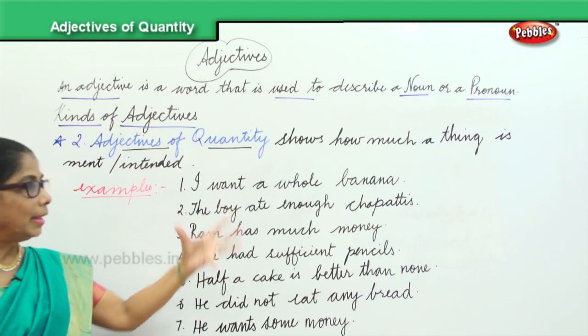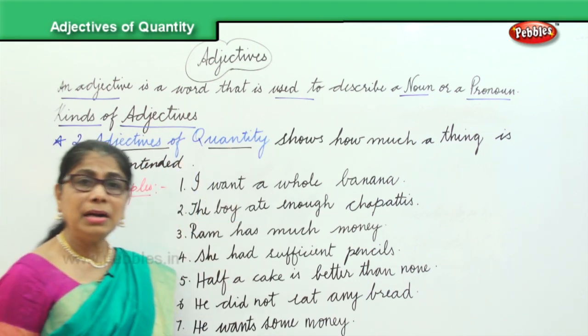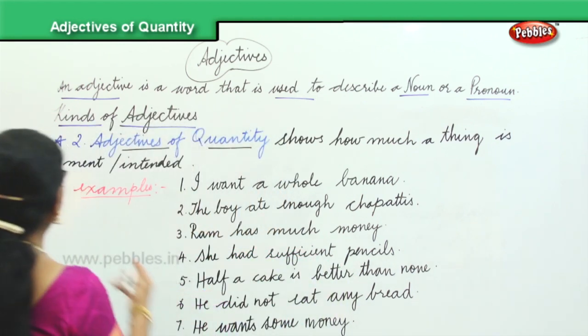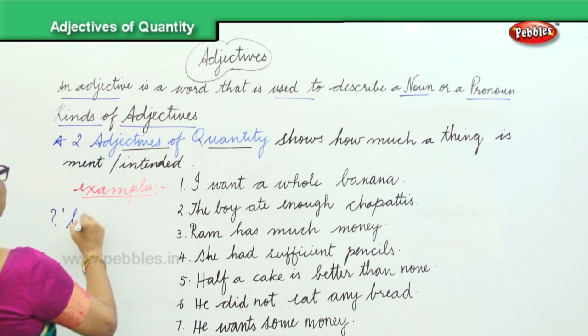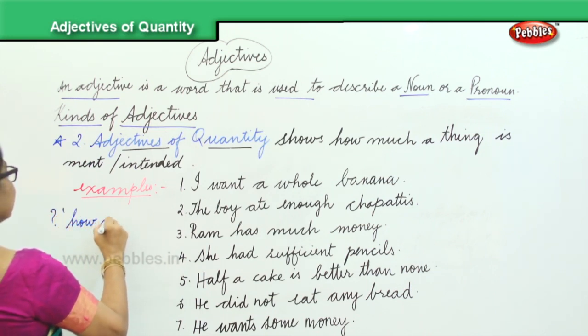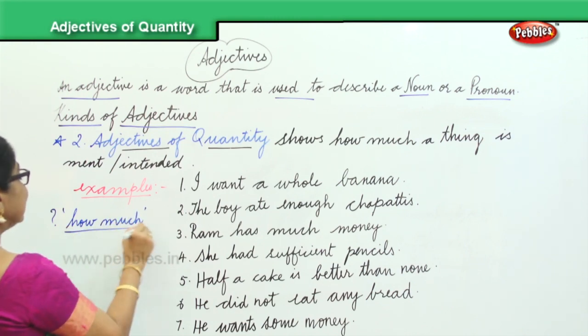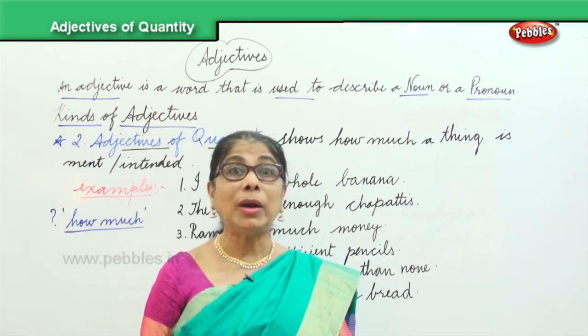Now, adjective of quantity answers the question, how much? So all you need to remember is, it answers the question, how much? If it answers the question, how much, then you know it's an adjective of quantity.